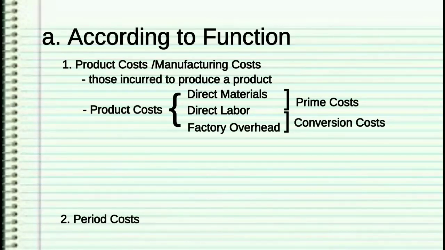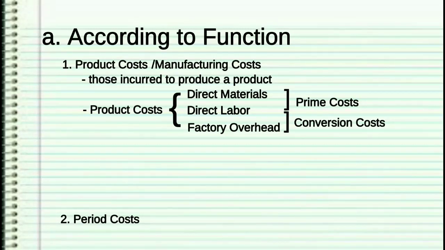Ang tanong, bakit tinawag na prime cost yung sum ng direct materials at direct labor? Tinawag sila as prime costs kasi nga ito yung mga pangunahing kailangan para makapag-manufacture ng product. Kailangan talaga natin ng direct materials at direct labor. Bakit tinawag na conversion cost yung sum ng direct labor at factory overhead?